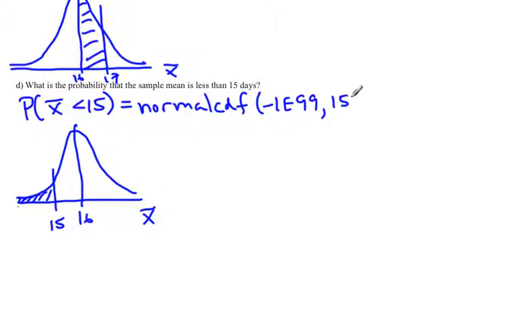Again, you can use any technology you want to find this probability. If you're using the TI-83, then the shading starts really, really low, or what we call negative infinity. So we do that as -1 E99 on your calculator. It ends at 15. The sample mean is 16. And again, you would then type in 2 divided by the square root of 30 to get your probability.